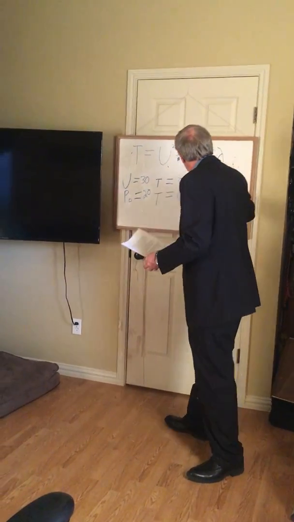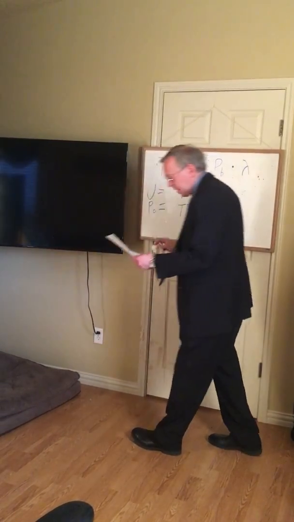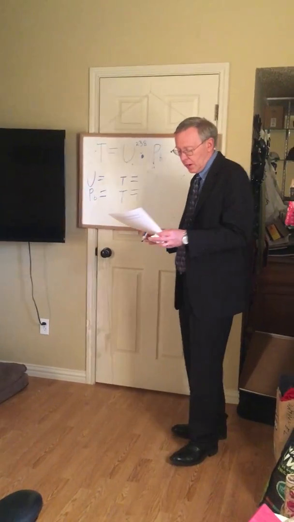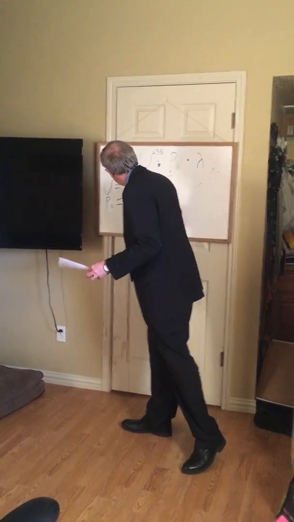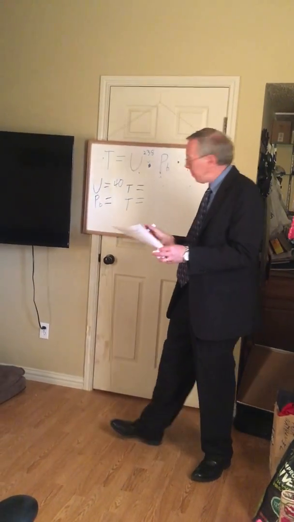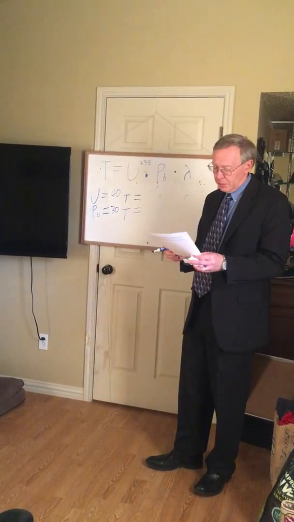So let's read the third problem. Okay. A meteorite is analyzed, and the total amount of U-238 in the rock is determined to be 40 grams. The total amount of lead left in the rock is determined to be 30 grams. What is the age of the meteorite?